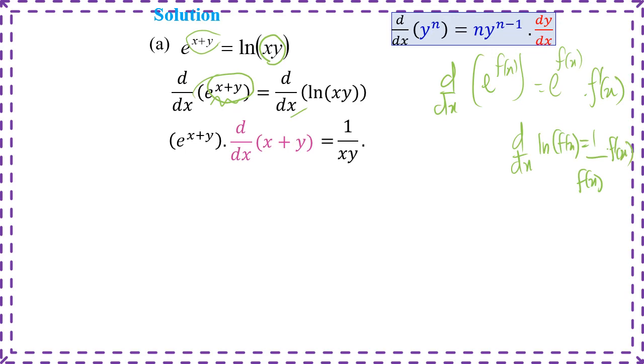It's up to you which method you want to use. Here, we directly use the formula for differentiation of logarithm. That's why we have 1 over xy, because xy is the f(x) here, and then multiplied by the derivative of x multiplied by y.